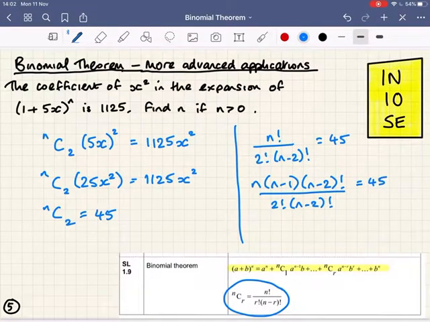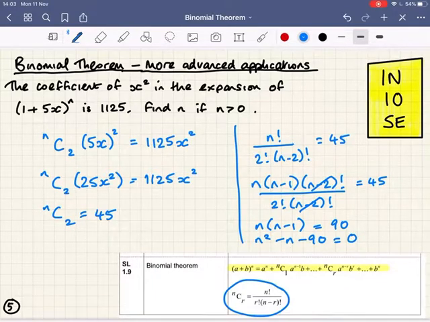So I can cancel down the (n minus 2) factorial, and I can multiply by 2 to get 90 on the other side. I end up with n times (n minus 1) equals 90. Multiply that out, n squared minus n, bring the 90 over, I end up with a quadratic. n squared minus n minus 90 equals 0.